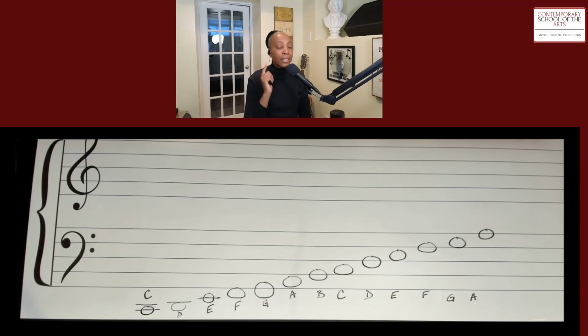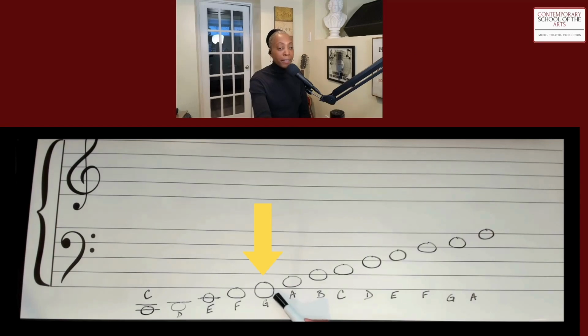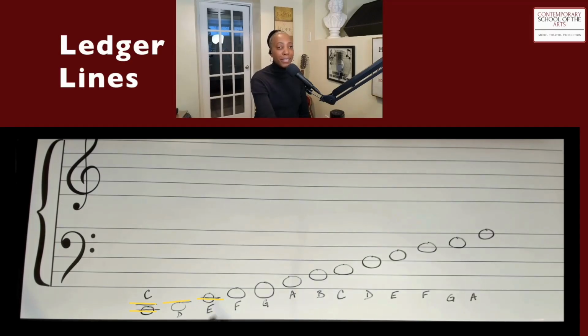So nice job today. So there you have it. In this lesson, you learned that notes don't stop at the bottom of the bass clef staff, that first line, right here. It doesn't stop right here. No, we go even lower. Notes go below the staff when we use what we call a what? A ledger line.